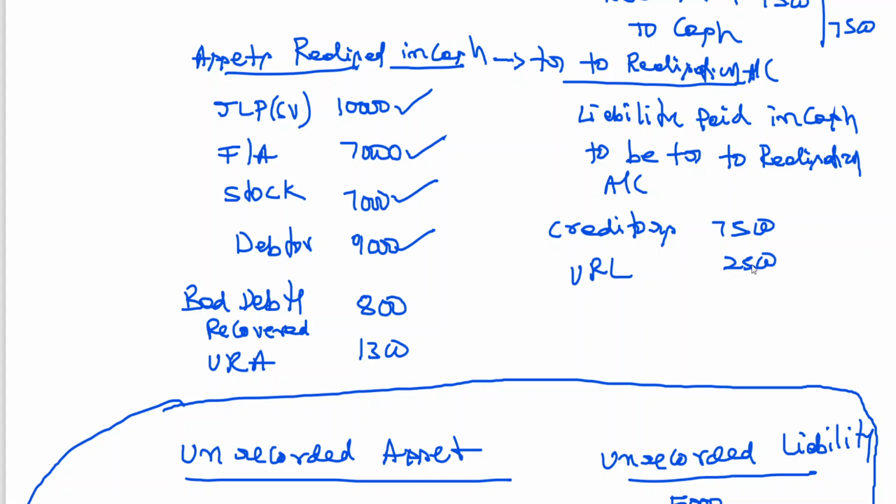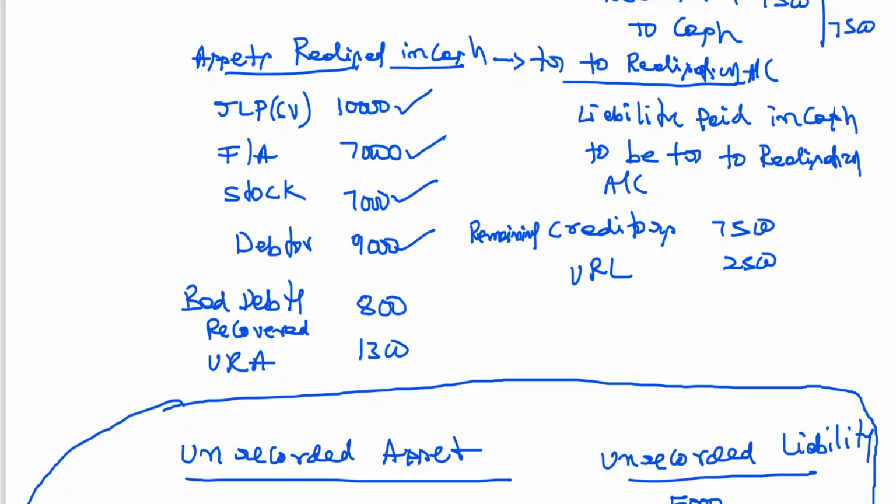Clear to all of you? These two are the payments made in cash. This is the remaining creditors paid. Unrecorded liability paid. Unrecorded assets realized.